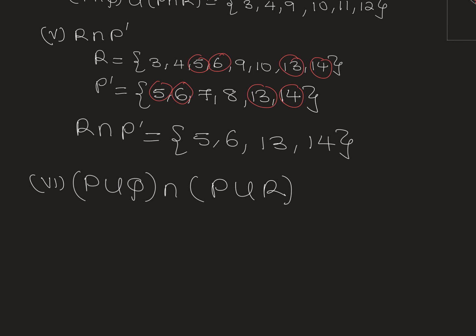So the first thing is, let's find P union Q, then we find P union R, and then we find the common members. Okay, so let's identify them.